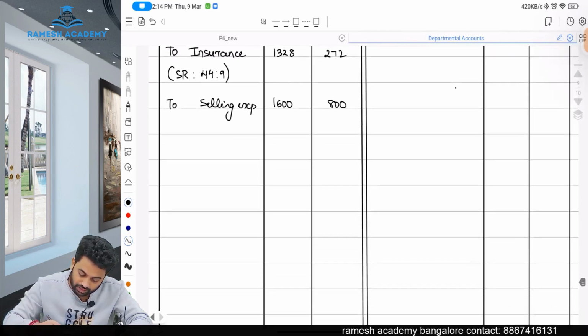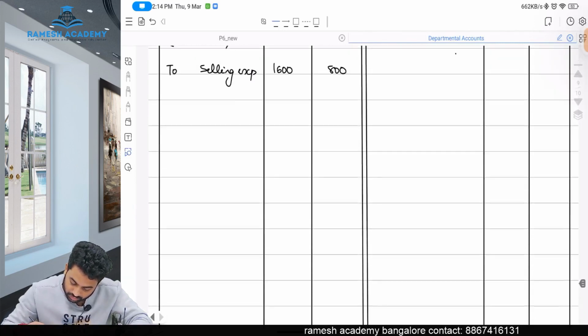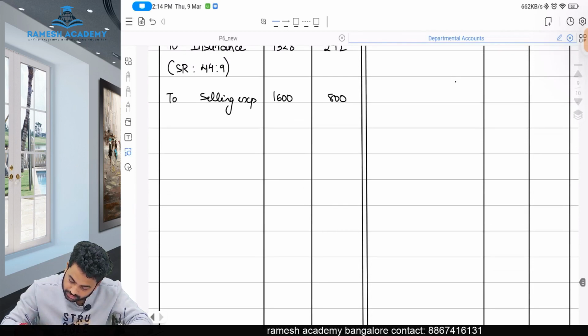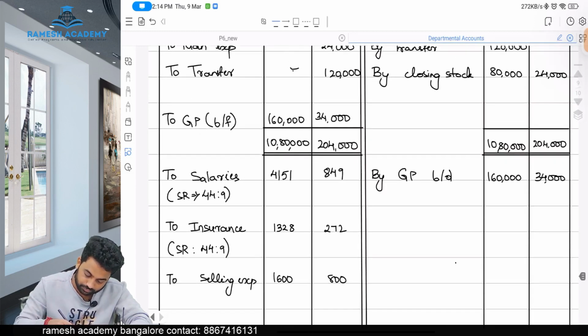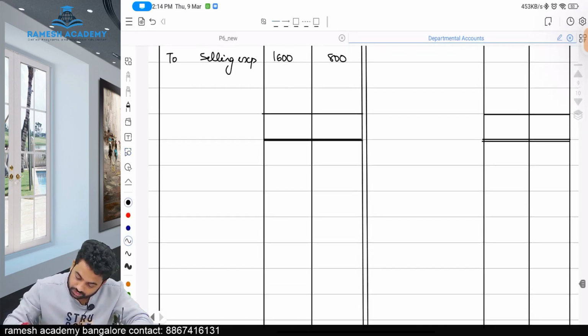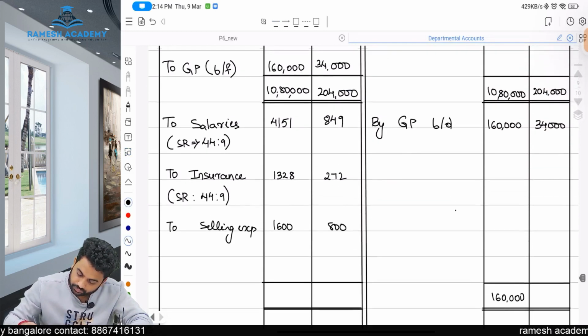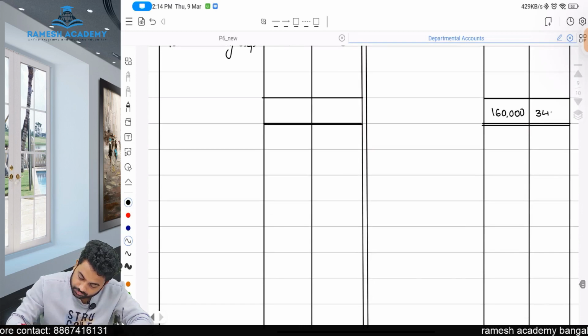Later from there we are going to write off our unrealized profit. One lakh 60,000, 34,000.